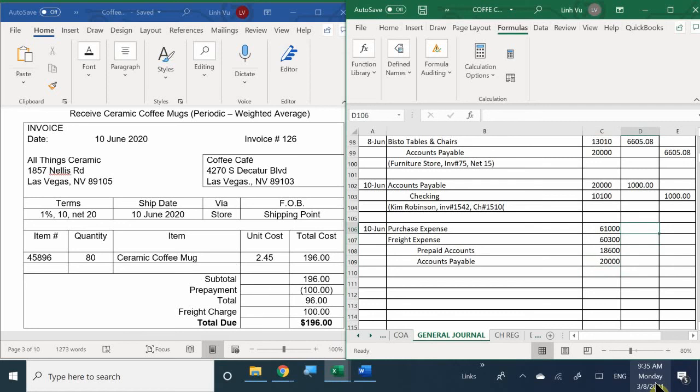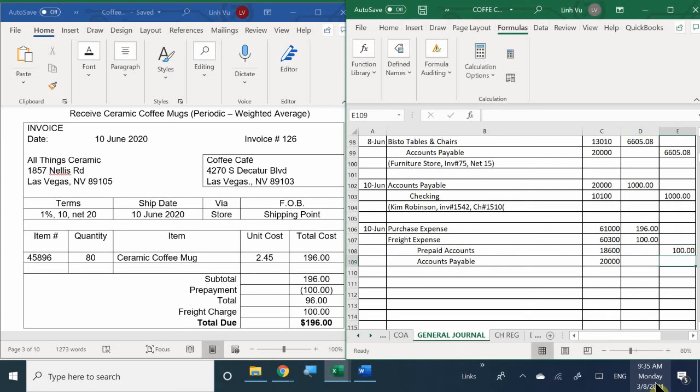How much is my purchase expense for? 196. That is correct. How much was my freight expense for? 100. All right. How much was my prepayment for? 100.